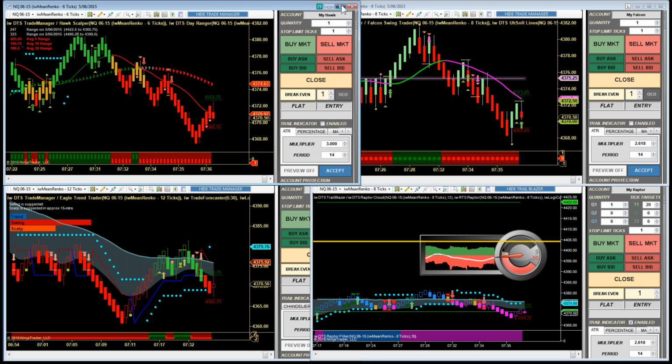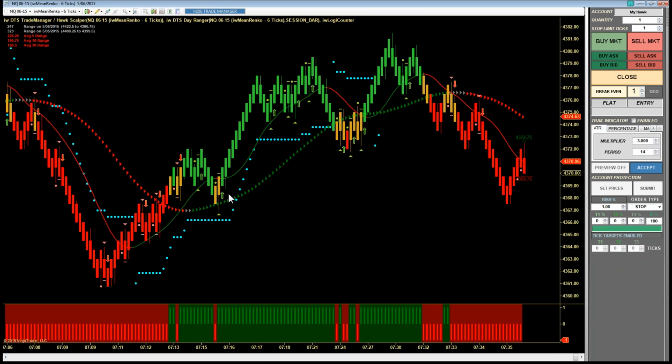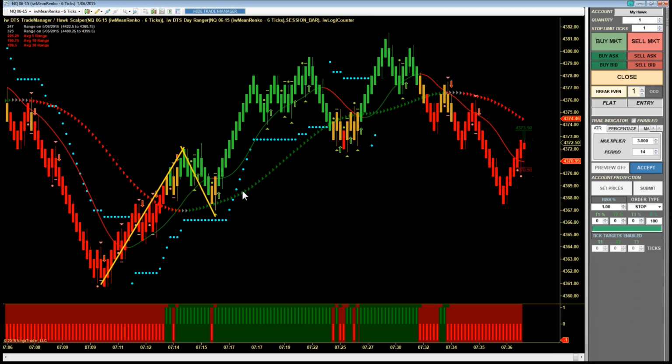The hawk would have been a little bit more responsive in that area. You see here's that comparable move that we saw on the Falcon. A little more of a test here on the hawk. Slightly more. Notice the Falcon printed a signal here, the hawk did not. That's a little unusual. Usually the hawk will get on these things.